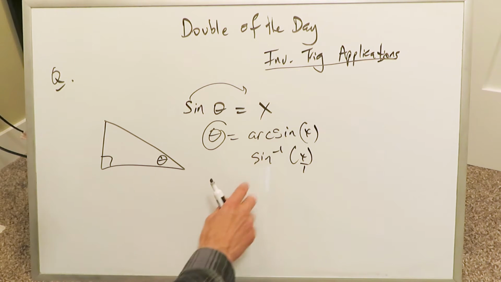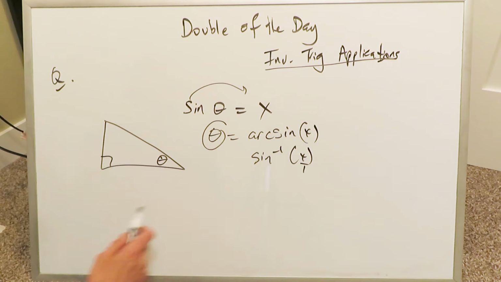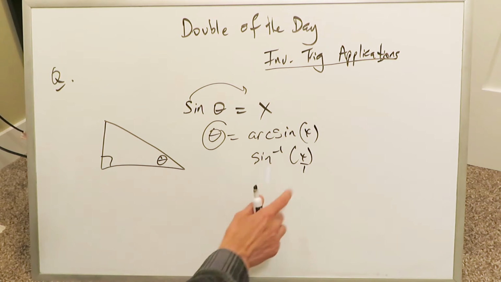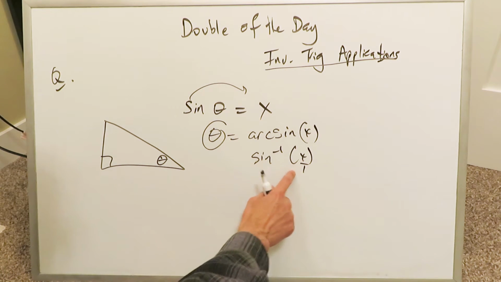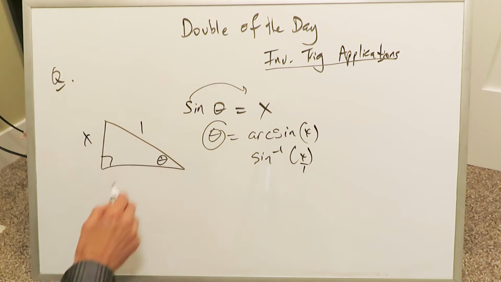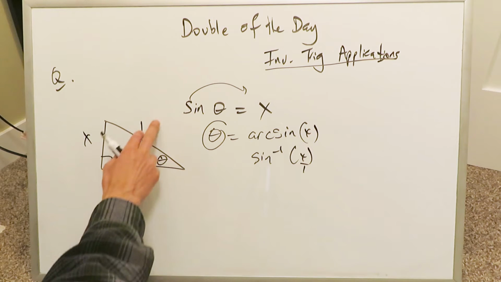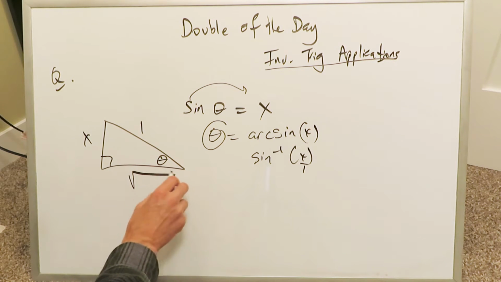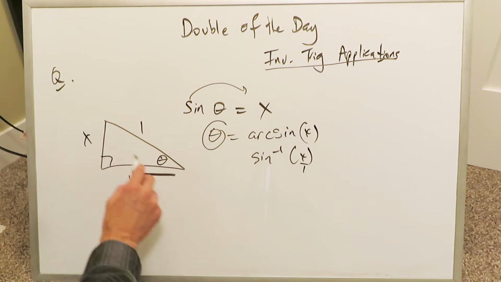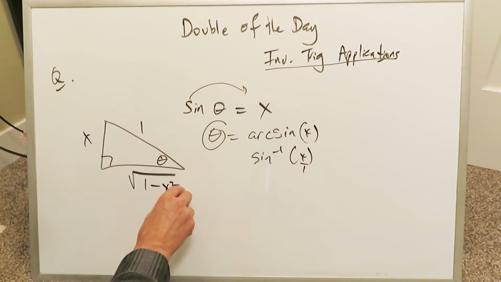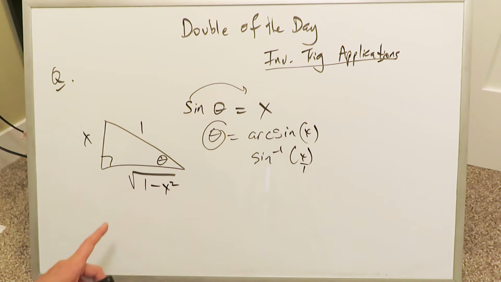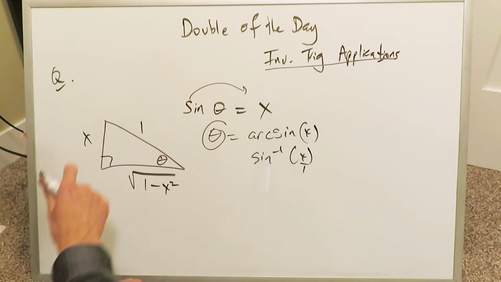Look at the value and the definition of sine. Sine is always equal to opposite over hypotenuse, and this can be your opposite over your hypotenuse, x and 1. And then you find your missing side using the Pythagorean a squared plus b squared equals c squared. And then you know here this value will be this square minus that square under a square root. Now you've generated your third side just simply from this expression.